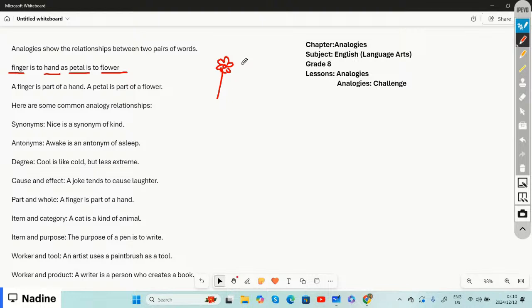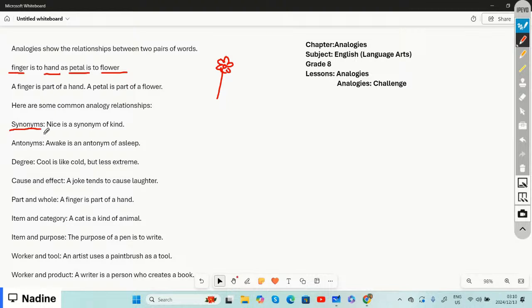So it can either be something like that, or we'll be able to identify synonyms and antonyms and degrees and cause and effects and so on that will still show the relationship between words. So if we look at a few more common analogy relationships, let's say here we have a synonym.